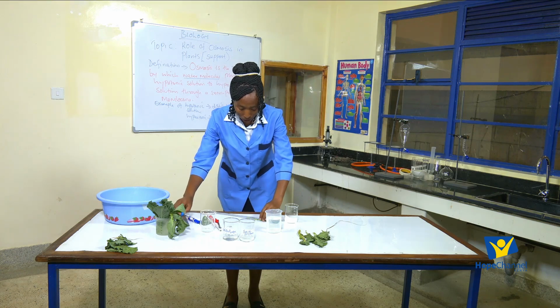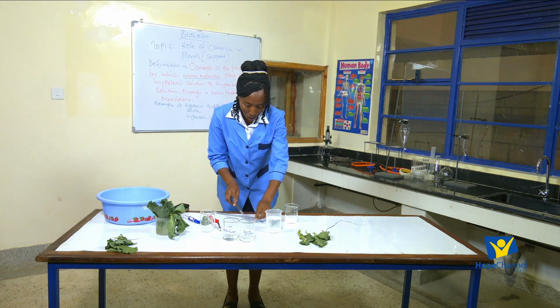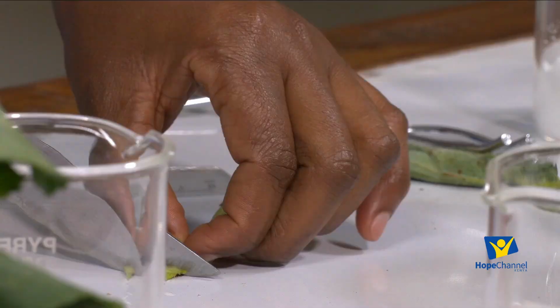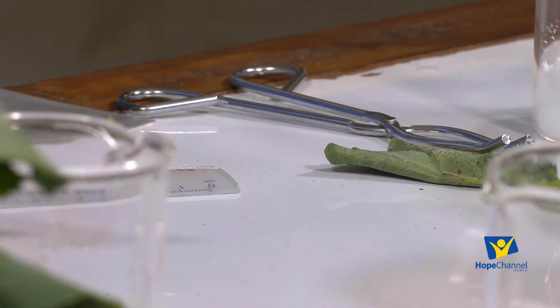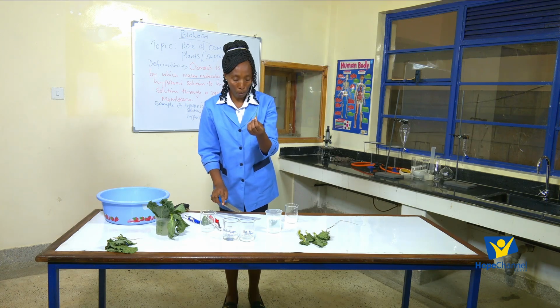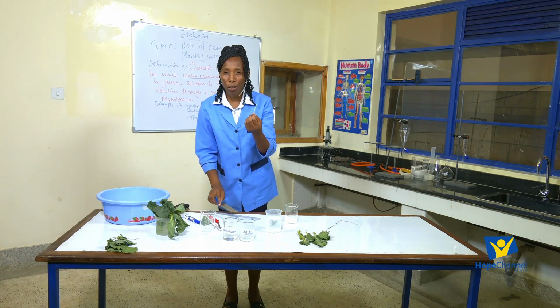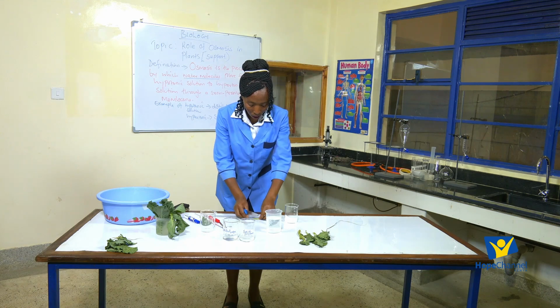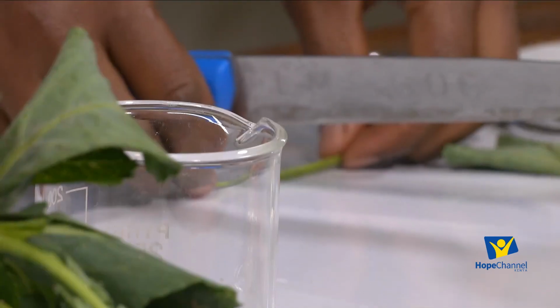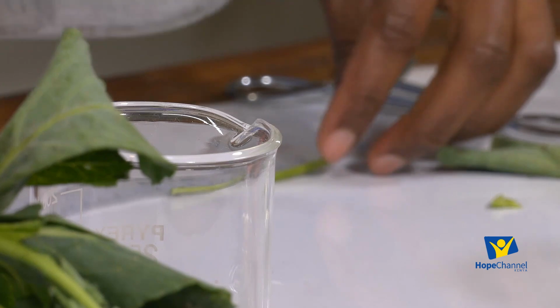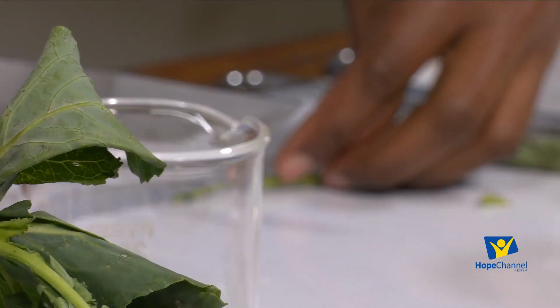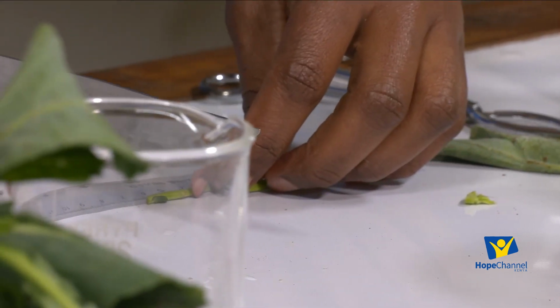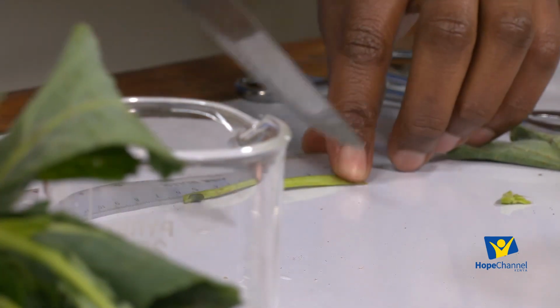So I'm going to cut pieces of the petiole. This one we call the leaf petiole. I've used the petiole of a sukuma wiki, and I want to cut equal pieces. I only need 2, so I'll take 2 pieces and cut.